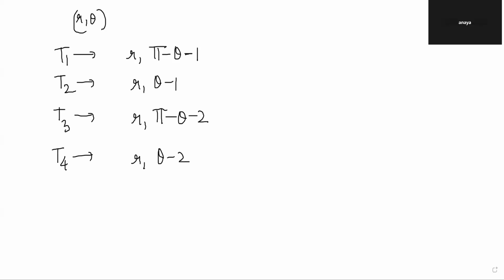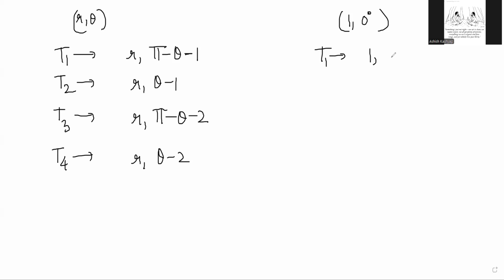Yes. So there is a nice pattern here, right? Yeah. And now you are starting out with 1 comma 0 degree, right? Right. So after T1, where are you? 1 comma pi minus 180 minus 0 minus 1, 179 degrees, right? Yeah.